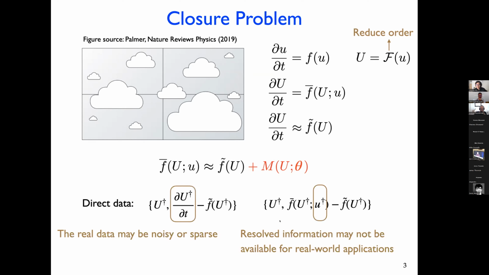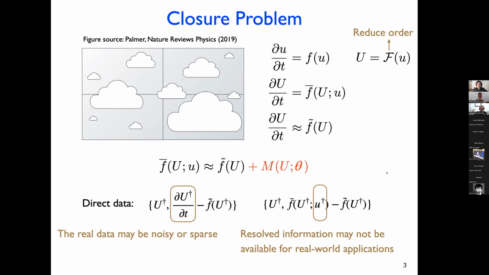On the other hand, resolved information may not be available for real-world applications, which means that if we want to directly calculate F bar and F tilde, we may not have access to the small U dagger, the original state, which means that we cannot directly evaluate F bar to calculate the data pairs.